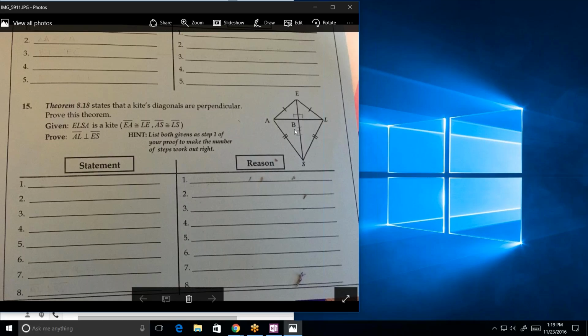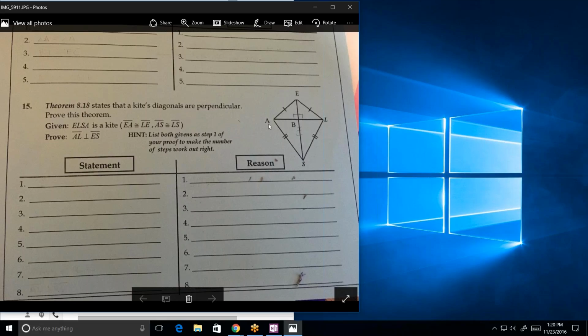Now statement 7 would say something to the effect that if they're equal and they're supplementary, then there's only one way that can happen, and that's if they're each equal to 90 degrees. You would say ABS plus LBS is equal to 2ABS. The reason you can say that is by substitution.